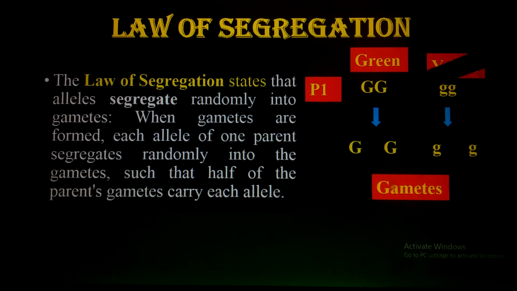Is it clear? So this is the diploid condition, and this is the haploid condition. Gametes are haploid. From the parents, when gametes are produced, these gametes carry just half the alleles. Is it clear? So this is the law of segregation that states that the alleles segregate randomly into gametes. The concept is clear now? Okay.